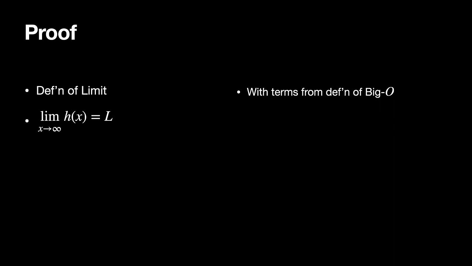So let's just translate that into the terms that we've been using for our big O notation. We'll replace the variable x with the variable we've been using for big O, which is n. That represents our problem size typically. And we'll replace the function h with a function that's actually a fraction, a function f of n divided by g of n.